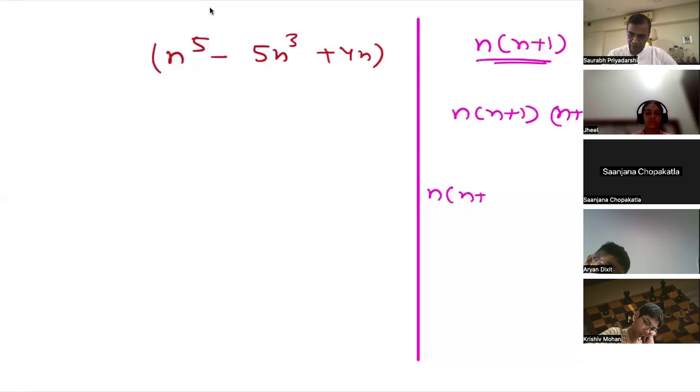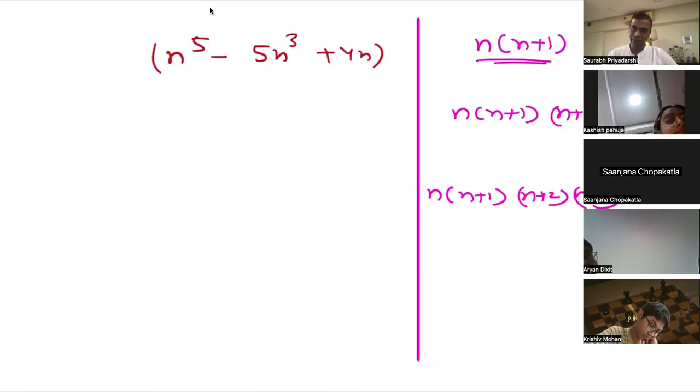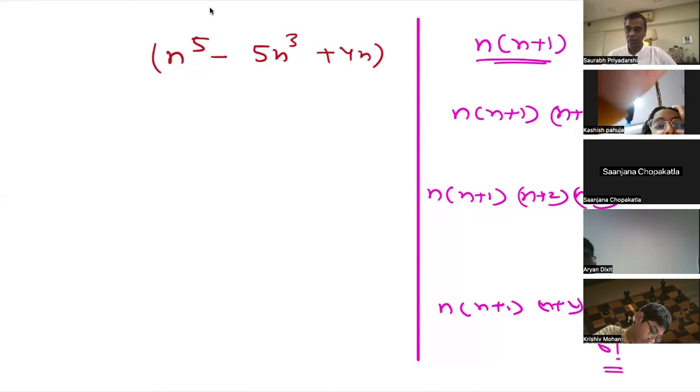Then n plus 1, n plus 2, n plus 3 is divisible by 4 factorial. Very good. So the product of 5 consecutive numbers will be divisible by 5 factorial. Very good.